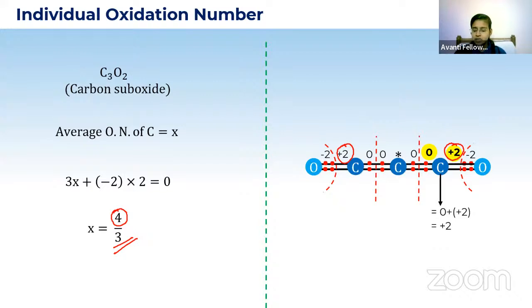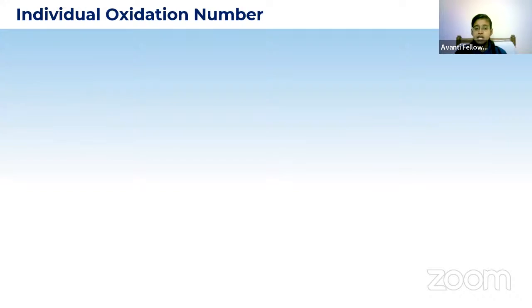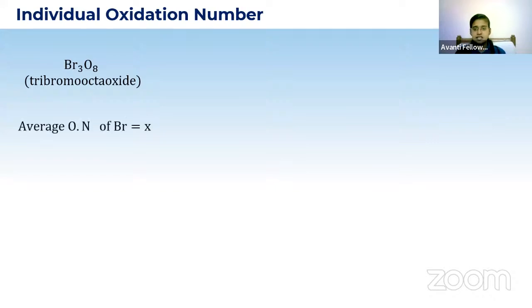Okay, so let's go for one more compound. Br3O8, tribromo octoxide. Here the average oxidation number of bromine is taken as X. If you go in the same manner, for bromine, we have 3 bromine.